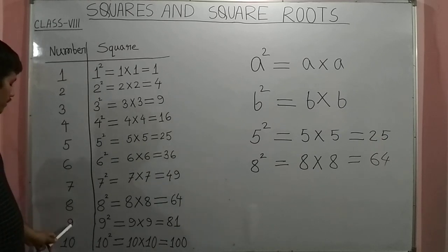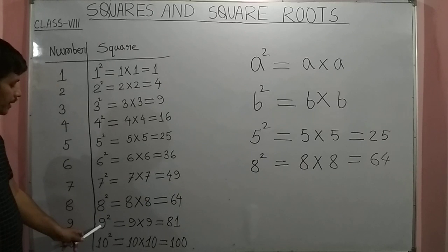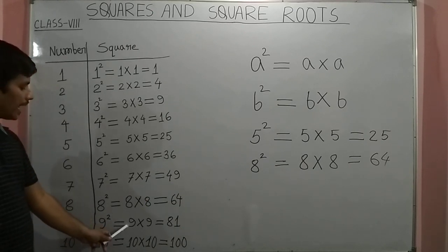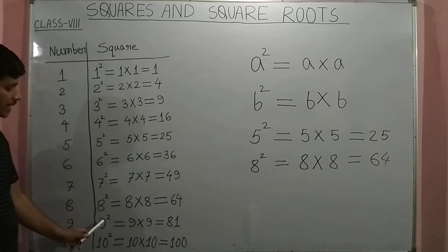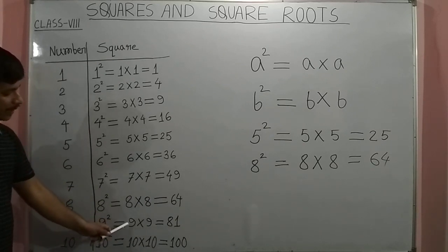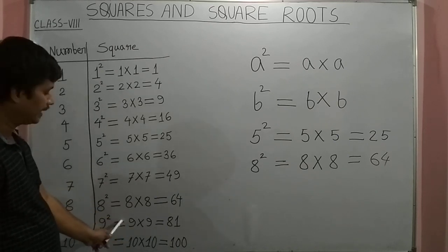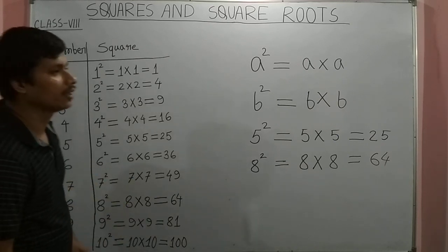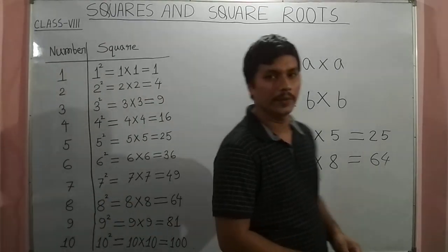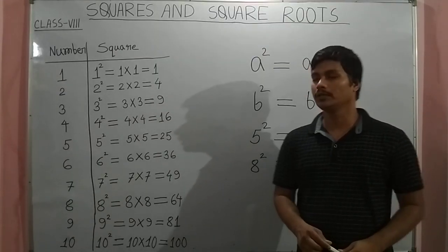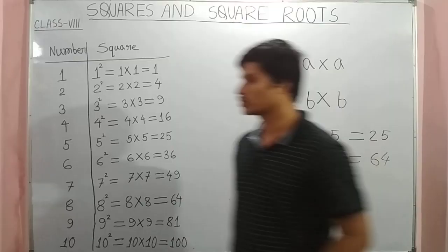Same way, we have to find the square of 9. We can write 9 square. How can we express it? 9 into 9. We have to multiply 9 with the same number, that is 9. 9 nines are 81.